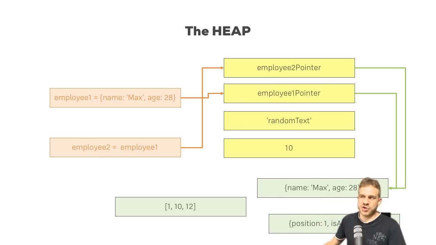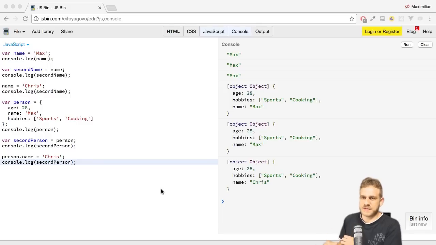Now if we go back to JSBin, this is what explains why we see Chris here. Because when we assign person as a value to second person, the only thing we copied was the pointer, but we still only had one place in memory. Therefore, if I change this place in memory or change something about it, the name here, this gets changed for all the objects, all the variables pointing to that place.